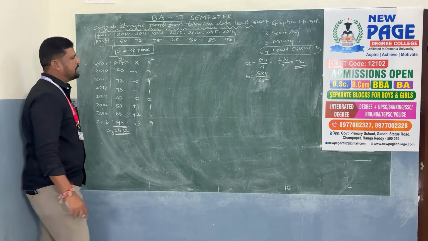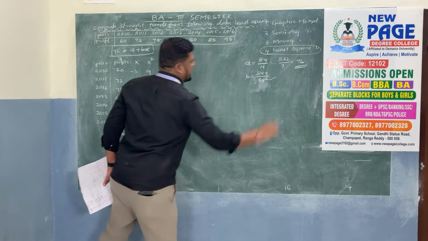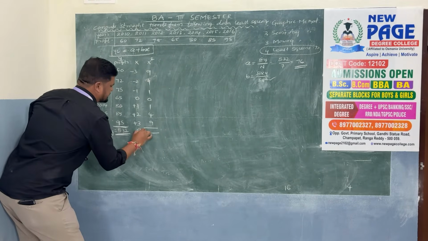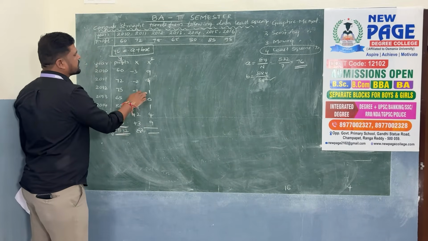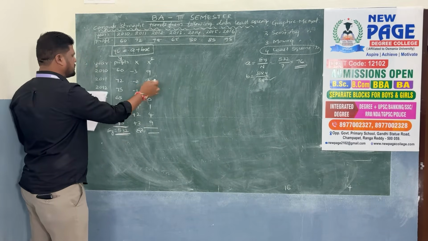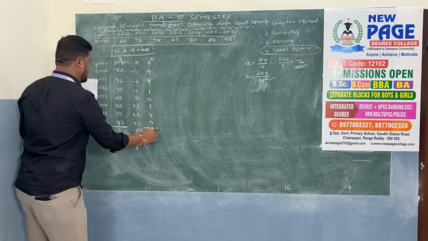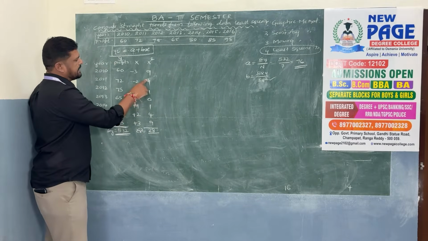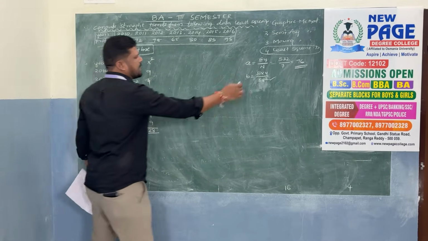So we find sigma x square: 9 plus 4 is 13, 14, 14, 18, 19, 28. Sigma x square is 28.